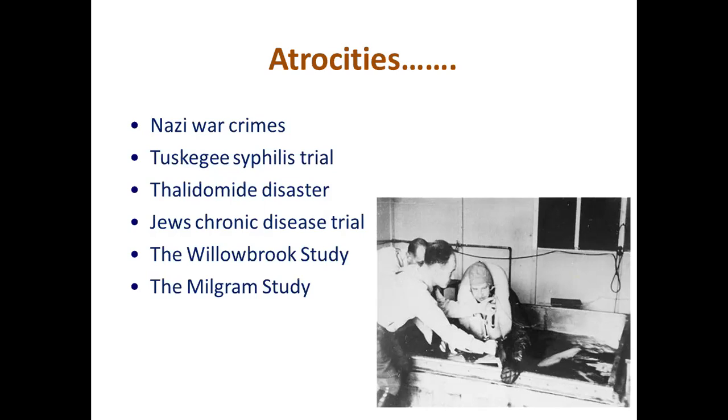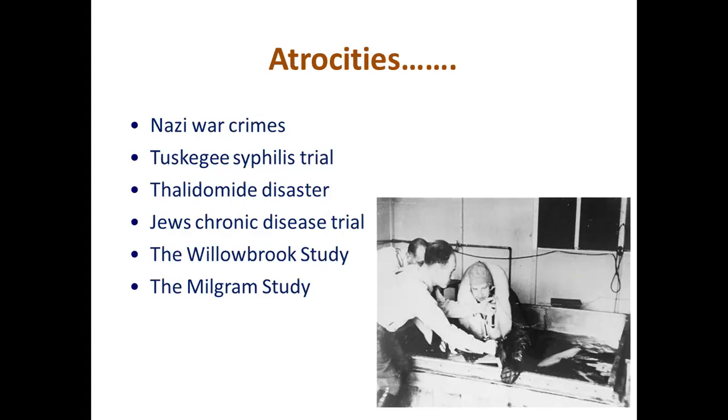Next is the Jewish Chronic Disease trial, where elderly patients were subjected to cancerous cells, and more than 20 elderly patients were included in that particular study. They were injected with live cancer cells, and that was totally unethical, and they just wanted to see how the human body fights off malignant cells.